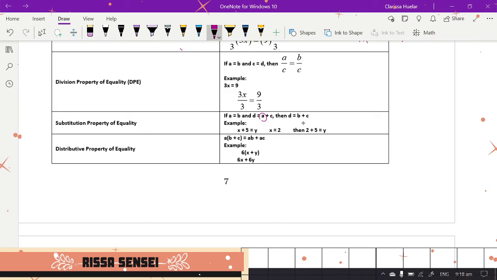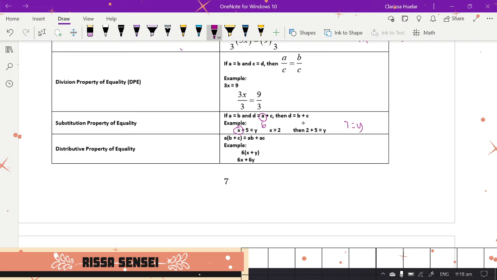Pwede nating palitan tong A ng B by substitution. Another example, x plus 5 is equal to y and x is equal to 2. If x is equal to 2, papalitan natin yung x ng 2. So 2 plus 5 is equal to y, therefore 7 is equal to y.